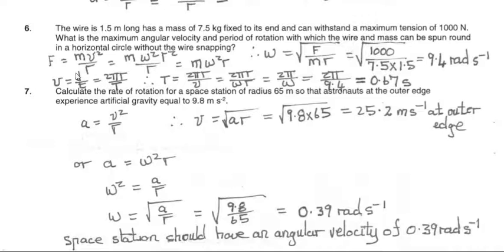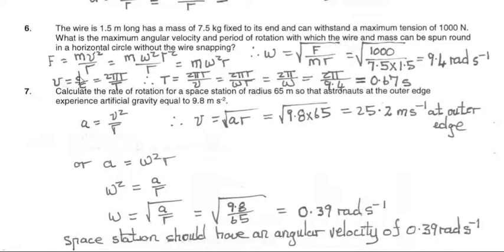So we've got to use F equals mv squared over r equals m omega squared r squared divided by r, which is equal to m omega squared r. Therefore, omega, rearranging, equals the square root of F divided by mr equals the square root of 1000 divided by 7.5 times 1.5 gives 9.4 radians per second.